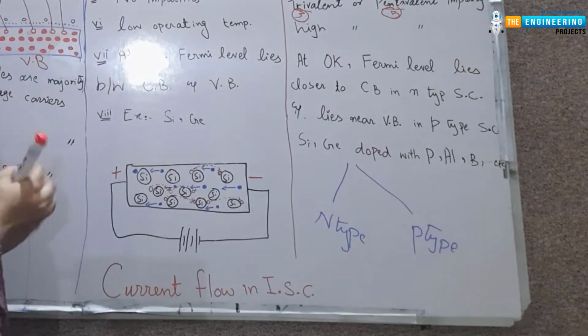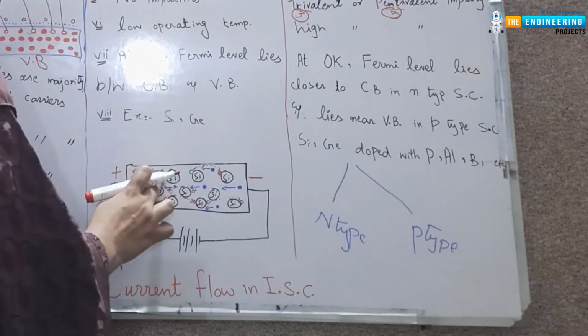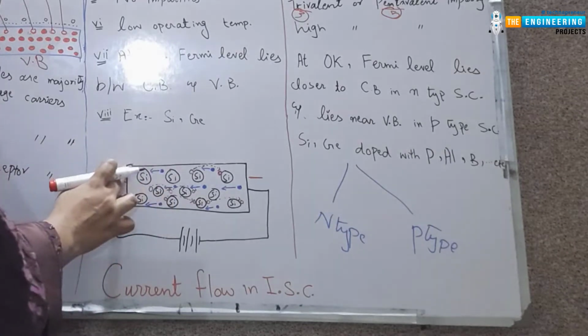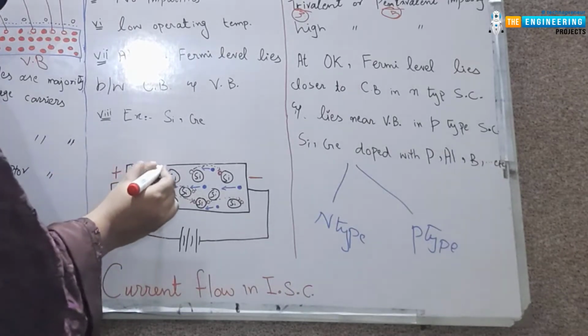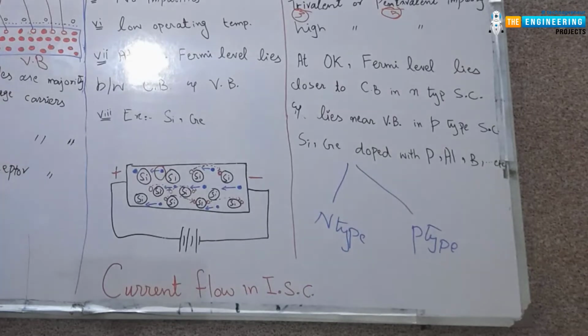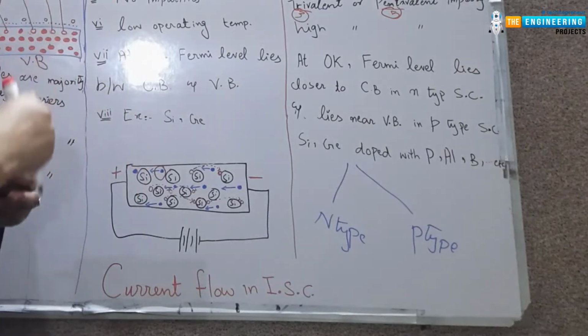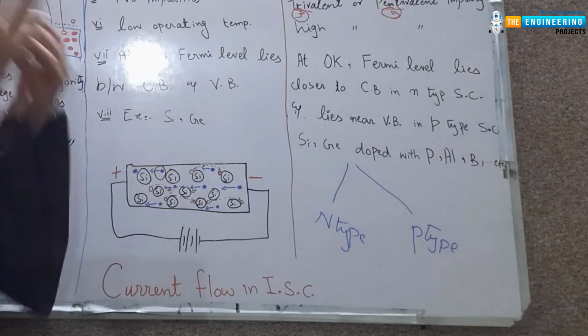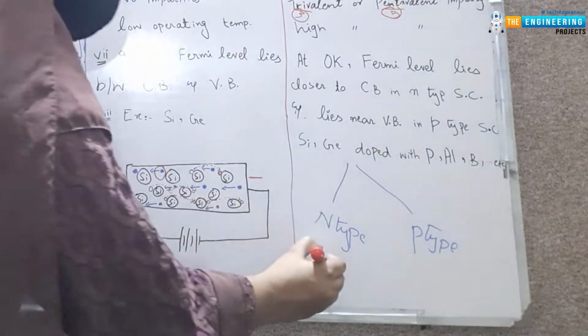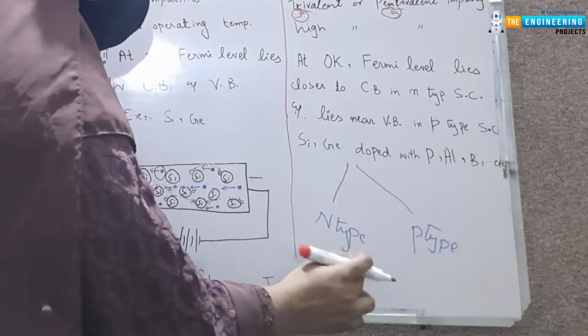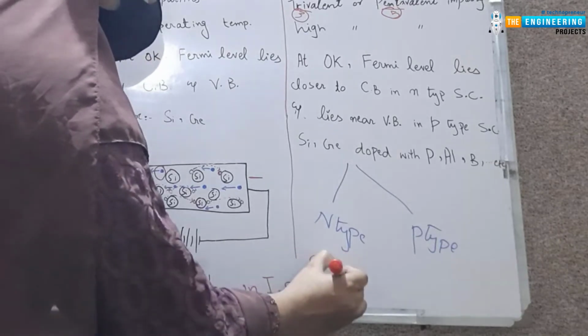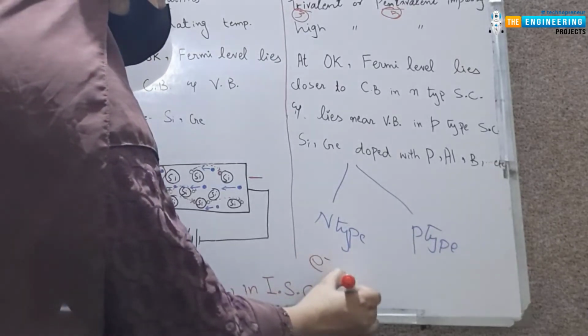And you can see here that when the electron moves from here to here, this will cause a hole here. When an electron changes its position, it will cause a hole. So, you can say that the electrons and holes move in the opposite direction.